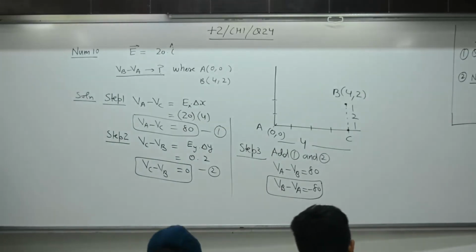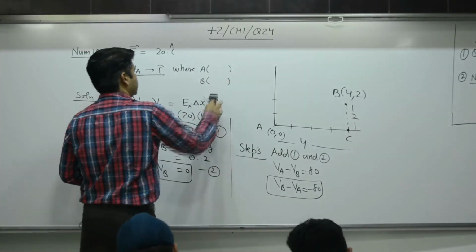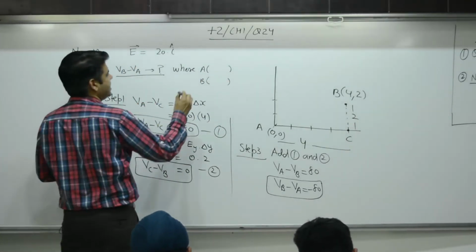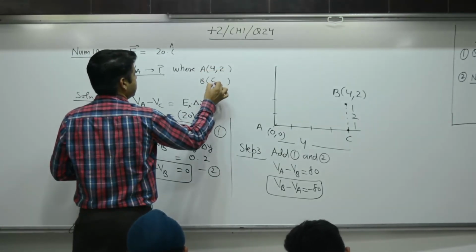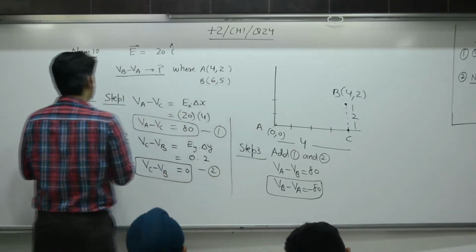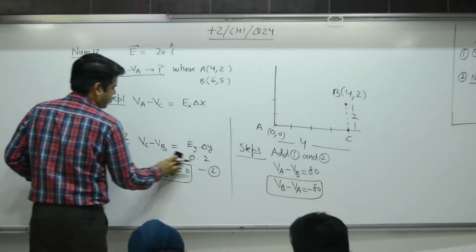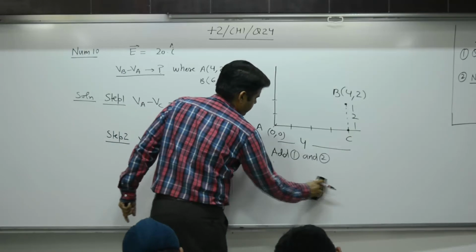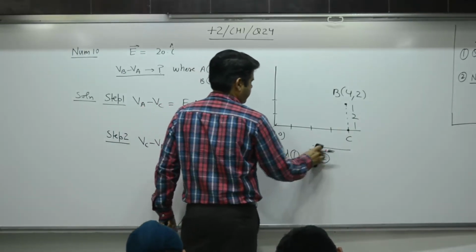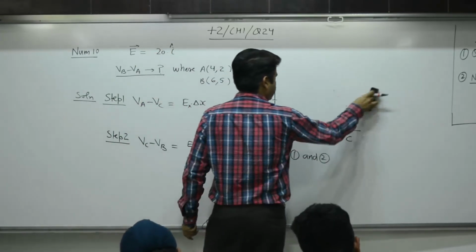Apply this for B part, second part. When A is given, B is 6 and 5. Draw the diagram. Origin.